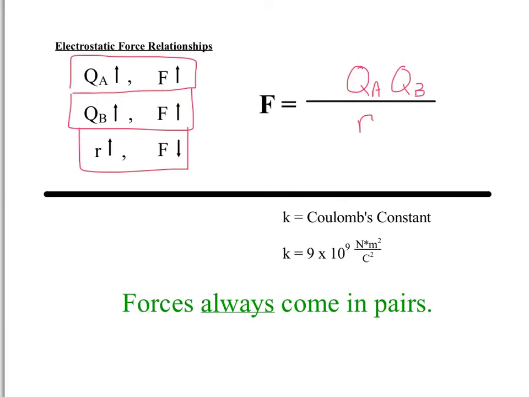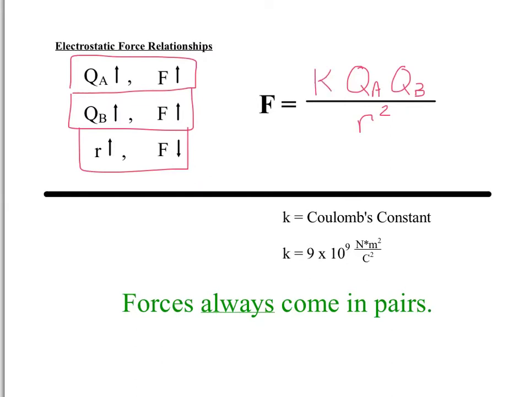Now this gets a little weird because there are a couple pieces that are not completely clear and apparent based on the relationships we've developed. The R is actually squared. So the denominator, R value, is an inverse square relationship with force. So distance has an inverse square relationship with the force value. In addition, there's actually a constant out in front of this.